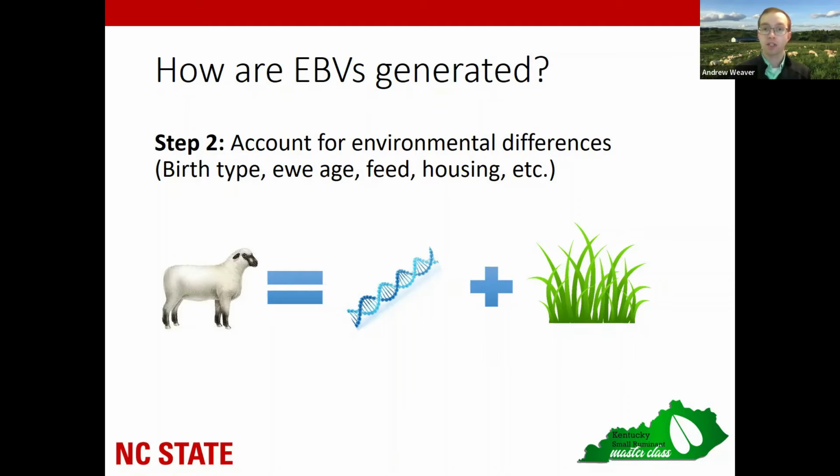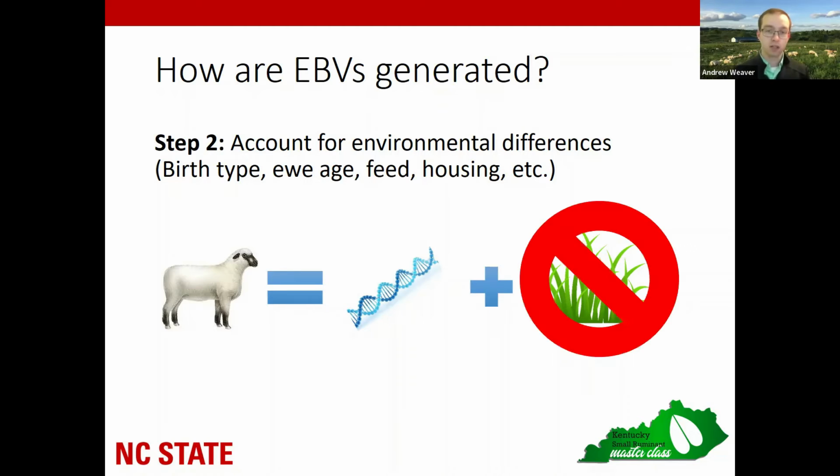Unfortunately, we don't have to do this math on our own. There are computer programs and systems in place to do this for us, where we separate out what is genetic versus what is environment. So we take the environmental component out of the picture. All we're left with is the individual animal, that phenotype being associated with genotype. And if we can identify the differences in that phenotype that are a result or a consequence of the genetics of that individual, then we can select for those genetics and make meaningful change.